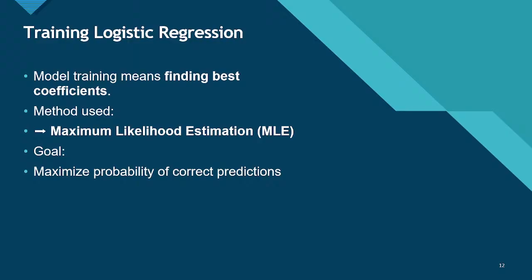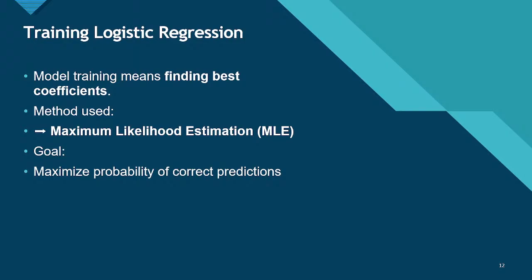The concept: instead of directly minimizing the error as in linear regression, logistic regression uses maximum likelihood estimation, MLE. The idea is that we want to set the coefficients that maximize the probability of observing the actual labels in the training data.